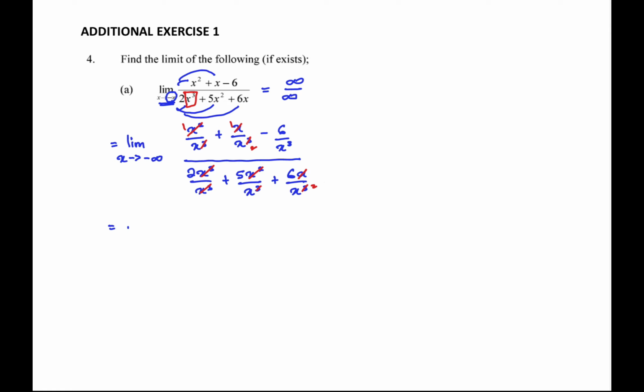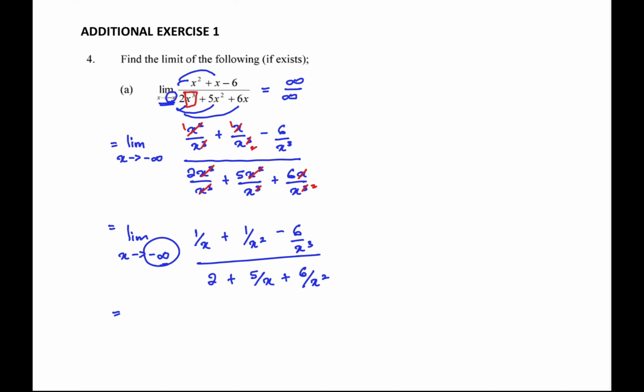So we get the limit as x approaches negative infinity of 1 over x plus 1 over x squared minus 6 over x cubed divided by 2 plus 5 over x plus 6 over x squared. Now we can substitute infinity at the x value.